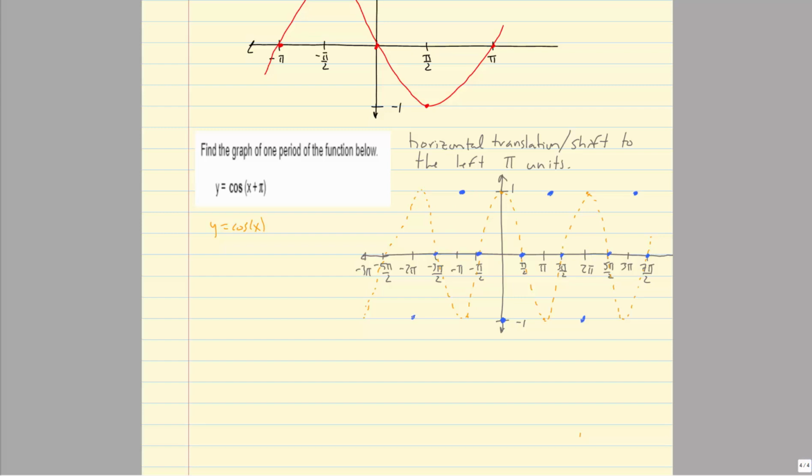So at negative 2 pi, I'm at my minimum, 0, and up here at 2 pi again.